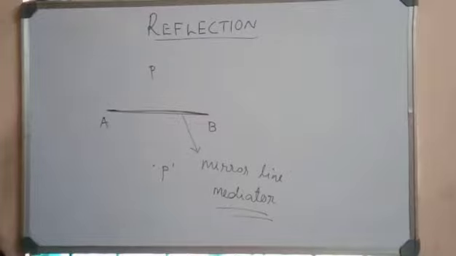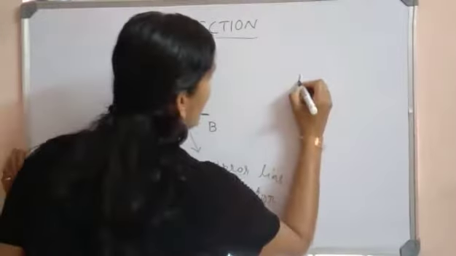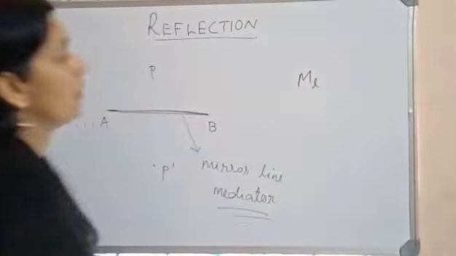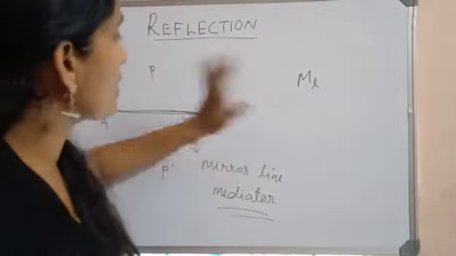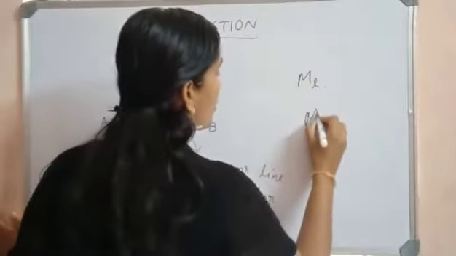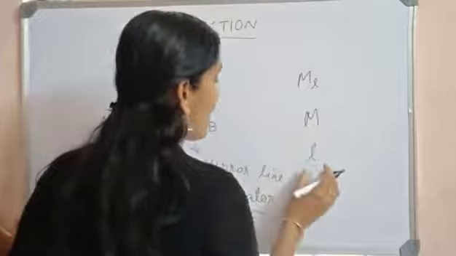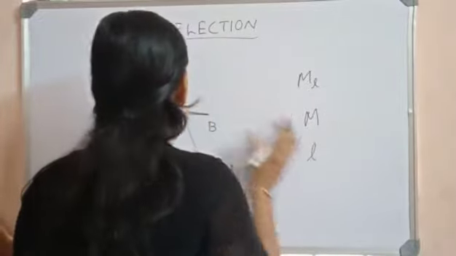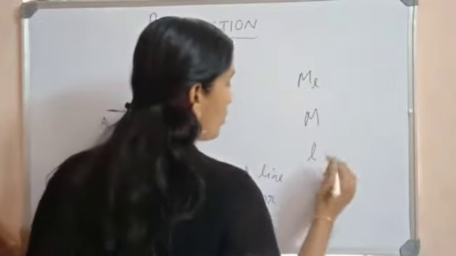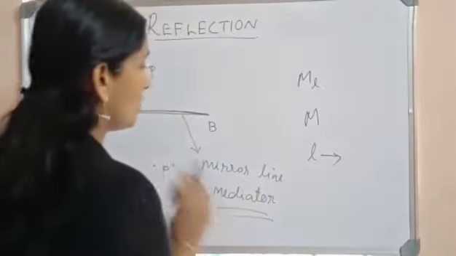The reflection can be denoted by ML, where M denotes the reflection, and L is the line or the point in which the reflection is taking place, or the mirror line or the mediator.